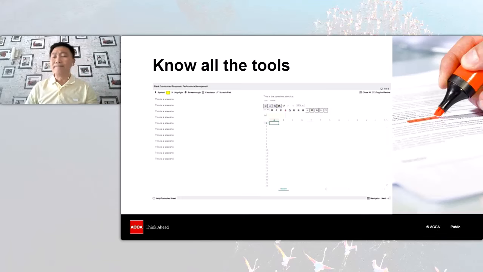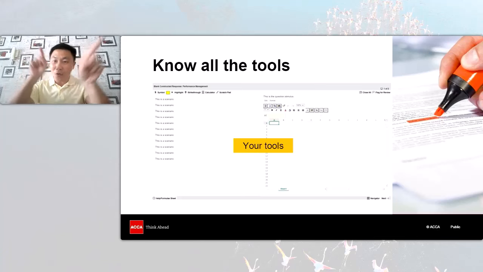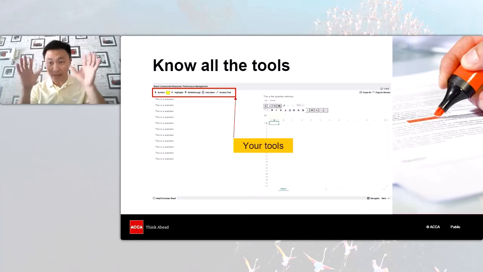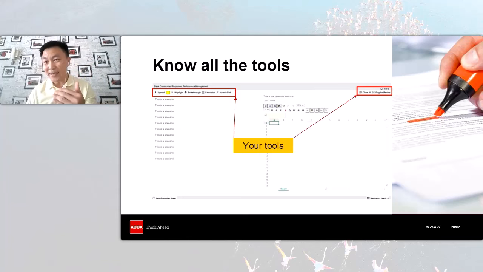So the first thing everyone should do is get to know the tools found at the 4 corners of the interface during the computer-based exam: top left, top right, bottom right, and finally bottom left.